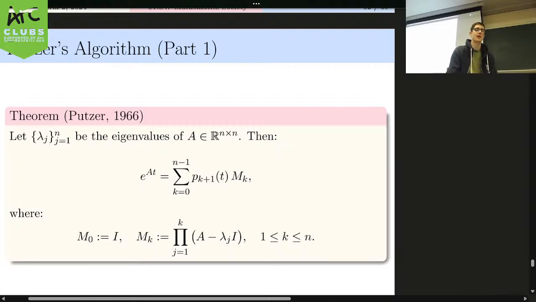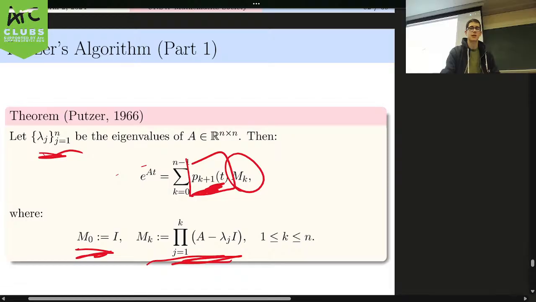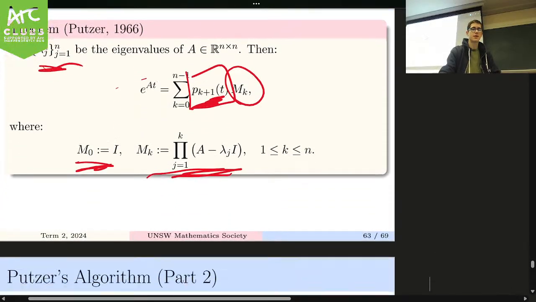Putzer's algorithm says that in cases where we might have defective eigenvalues, or a defective matrix, we can find the matrix exponential by applying this algorithm, where we have these functions p, which we'll define on the next slide, multiplied by some matrix M, where M_k is emulating the roots of the characteristic polynomial up to a certain lambda. We're multiplying A minus lambda I up until a certain point if we enumerate our eigenvalues in this way. We'll look at an example in a few slides.